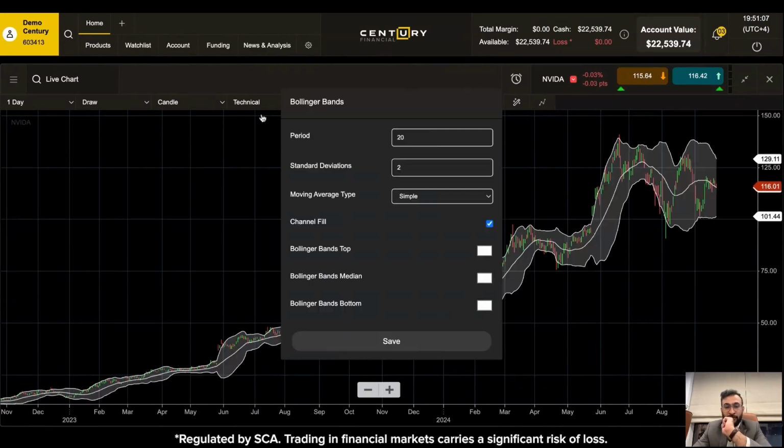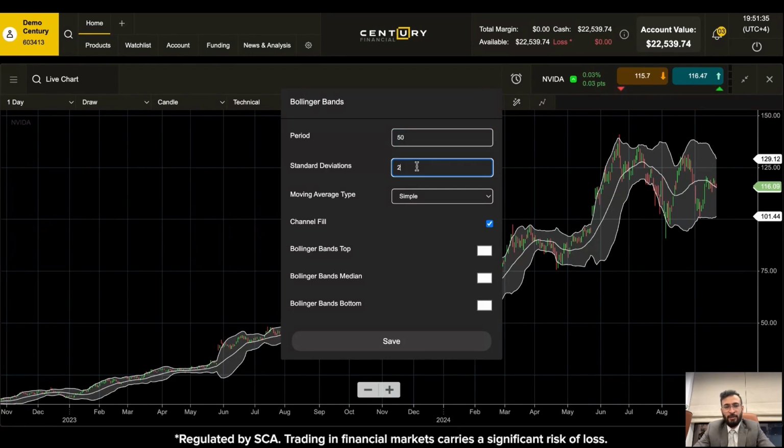So you click on Bollinger Bands, and it shows period. Now period means the line which will be in the middle, which will be the moving average period. As I explained to you, the 50-day moving average shows the average closing price of 50 days. This is the average closing price of 20 days, right? But because I'm looking at a long-term chart, I'm going to change it to 50 days.